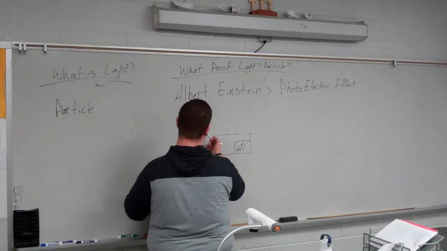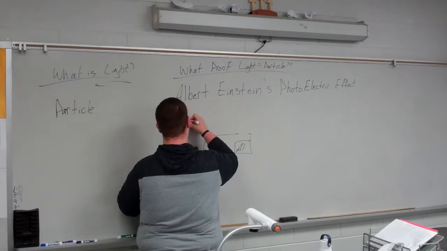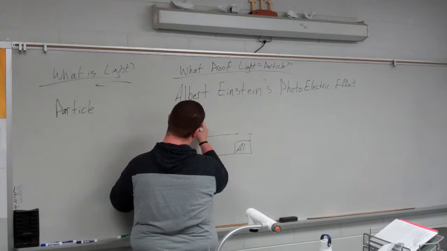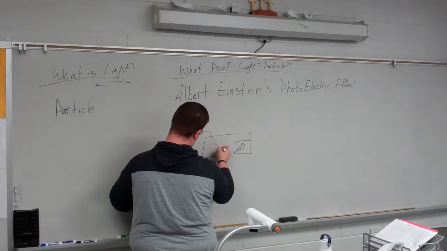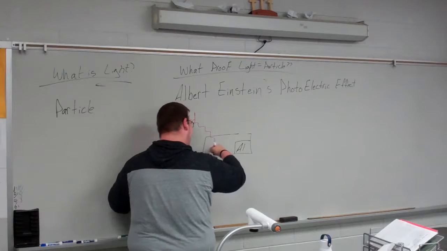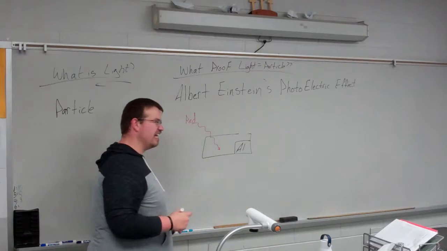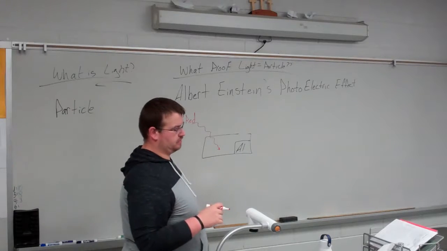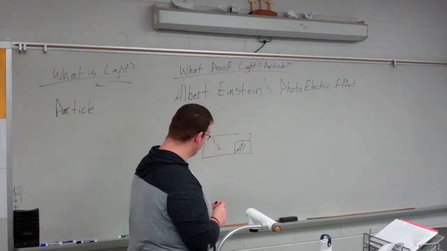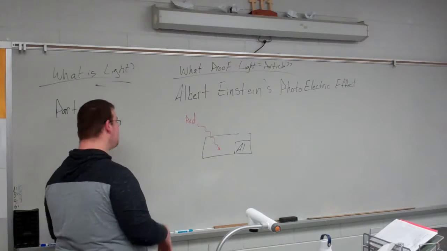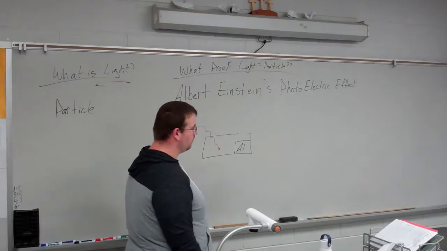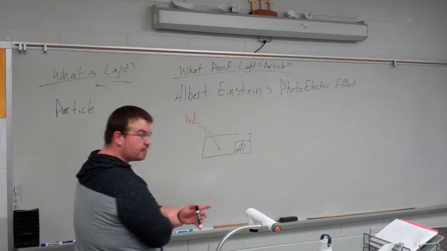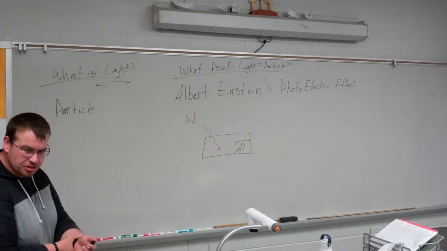So let's say he starts with red light, and he fired it at that sheet of metal. Nothing happened. Then from here he said, well, I wonder what will happen if we kick it up the spectrum a little bit.